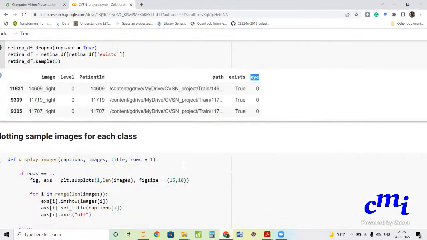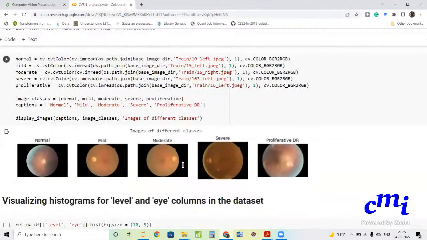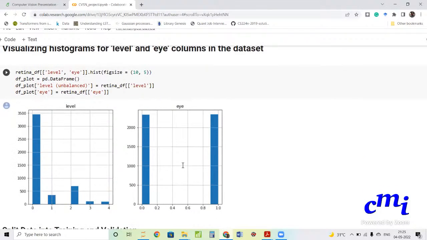Next, we plot the images for each of these classes as we have shown in our slide, that is normal, mild, moderate, severe, and extreme case. We have previously spoken about the data imbalance in this dataset. There are equal numbers of left and right eye images. However, that is not true at the label level.